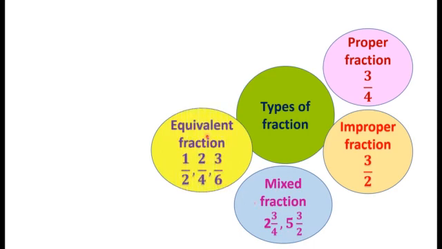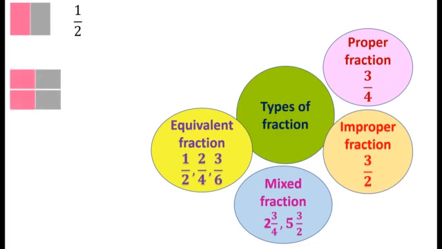Next is equivalent fraction. You can see the examples 1 by 2, 2 by 4, 3 by 6. You can see here, children, that equivalent fractions show the equal part of the whole. For example, if I show you one square box which is divided into two equal parts, what fraction will I write here? I will write it as 1 by 2, colored with pink.